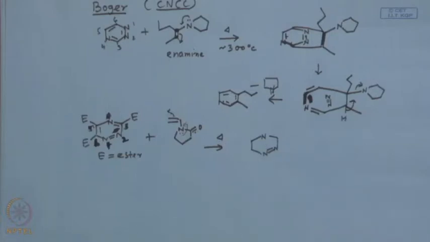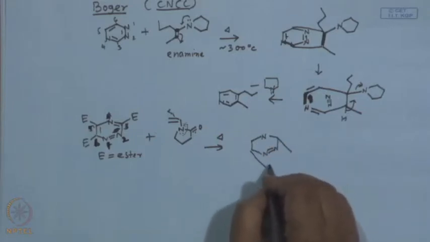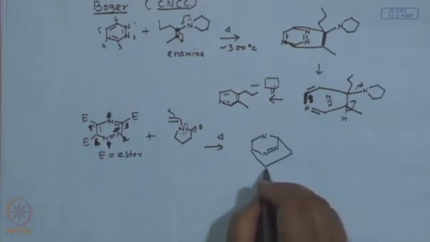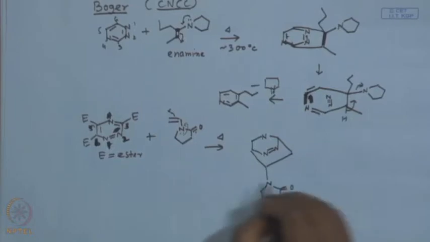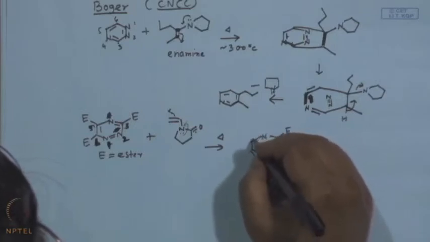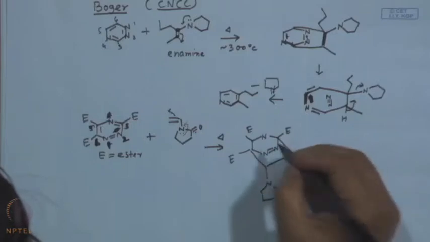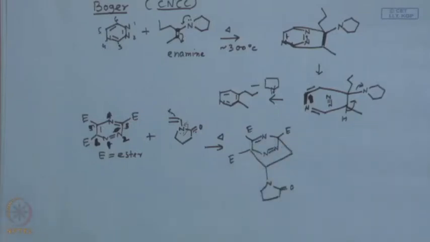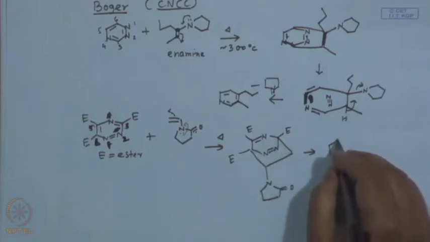That means this part remains as it is, right, and then you will have a double bond here. Which one should be the beta carbon? This one is the beta carbon, then this is the alpha carbon, and then the rest is what? E, and then E and E, and now the double bond should be this one, right. So, nitrogen eliminates.